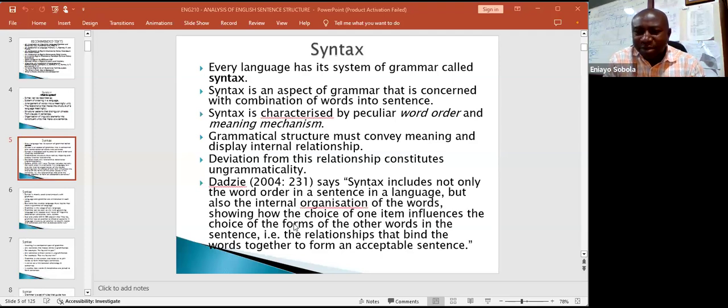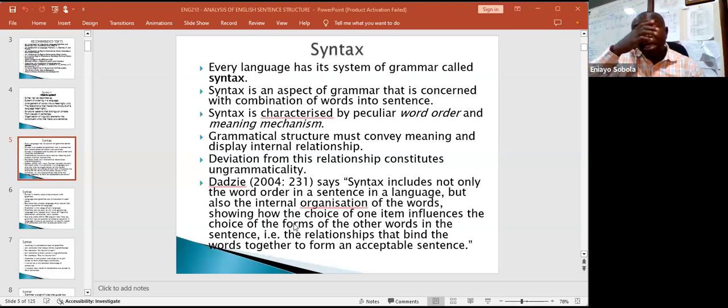That is, for example, let's look at this. When you are looking at the form of a noun, we have singular noun. Do you agree with me? We have plural noun. We have singular possessive noun. We have plural possessive noun.